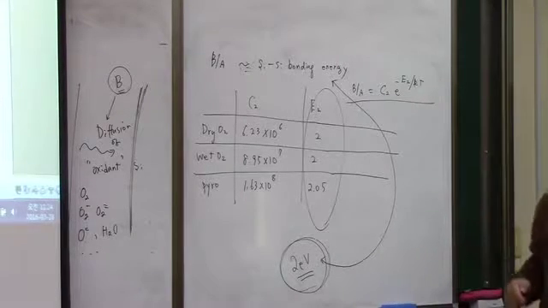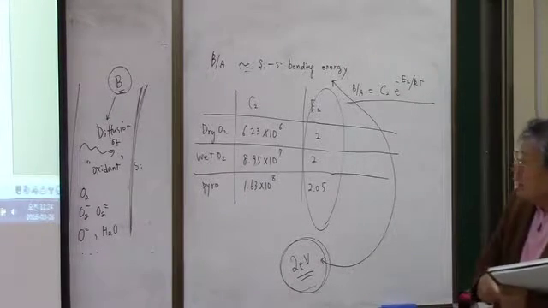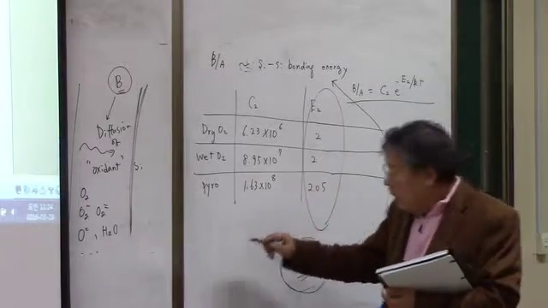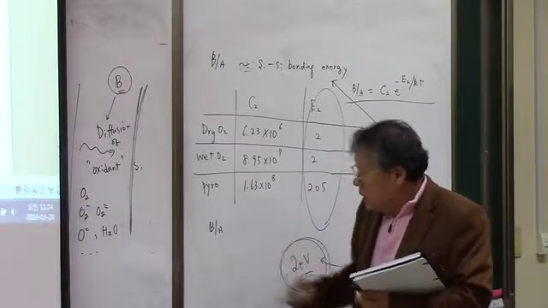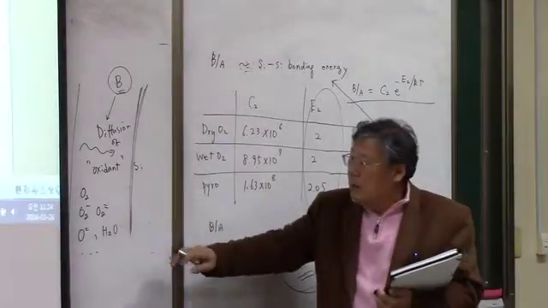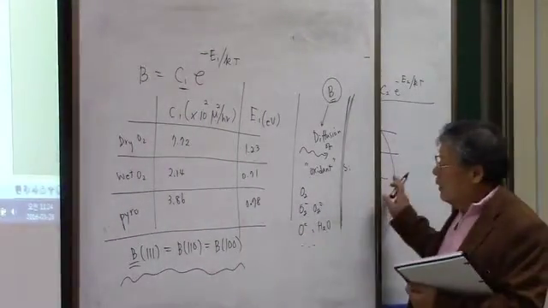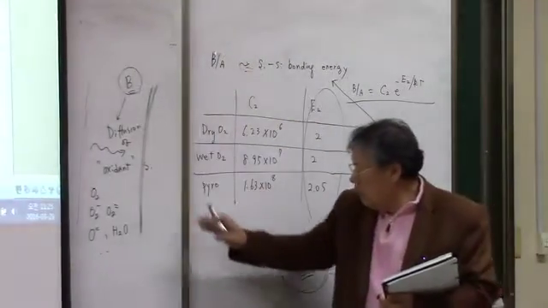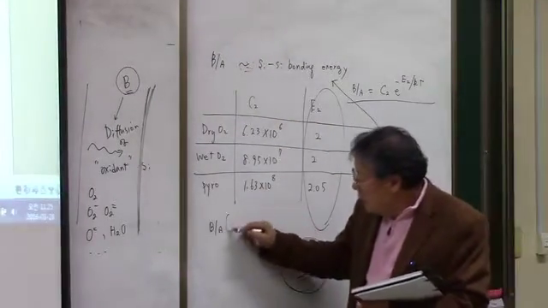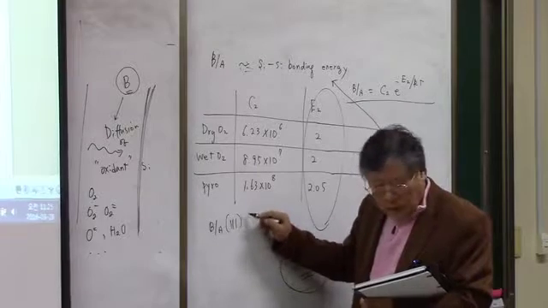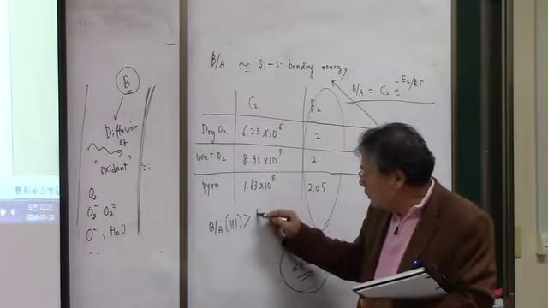So it's very natural. And in this case, differently from the B, now B over A is very much dependent on the crystallographic directions.